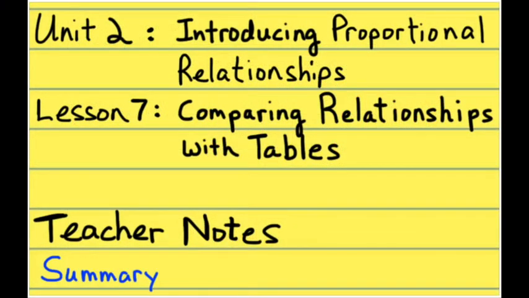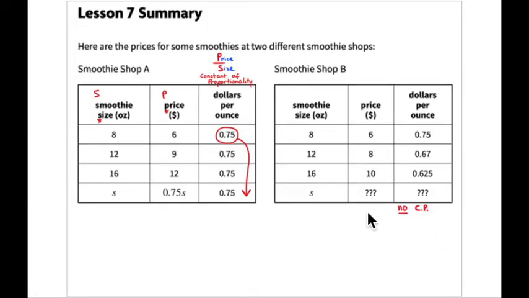This is the summary for Lesson 7, comparing relationships with tables. And here are a couple of tables based on the cost of smoothies from 2 different smoothie shops, Shop A and Shop B. In Shop A, if you look down the cost per ounce, or the number of dollars per ounce, you see it's the same.